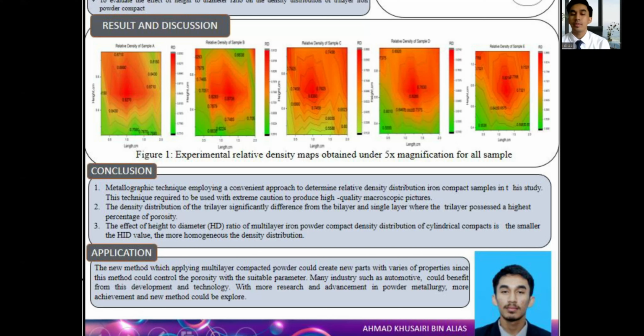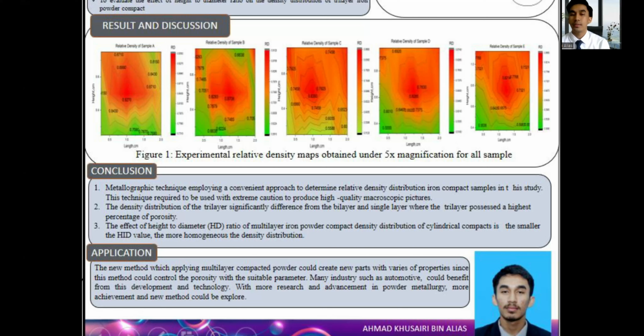And it could be observed that the tri-layer sample, which is sample C, has the lowest relative density compared with sample A and sample B. This is because of the repetitive compaction. We do the 3 times compaction that tended to reduce the effect of the lubricant that adhered to the die wall.